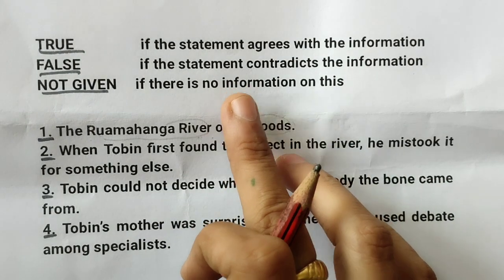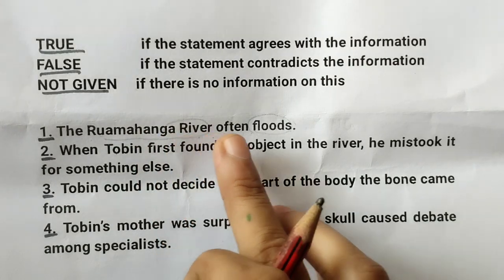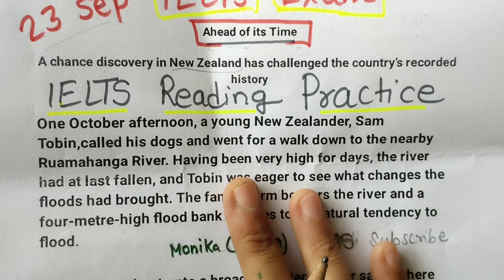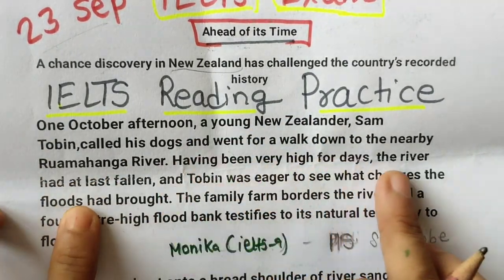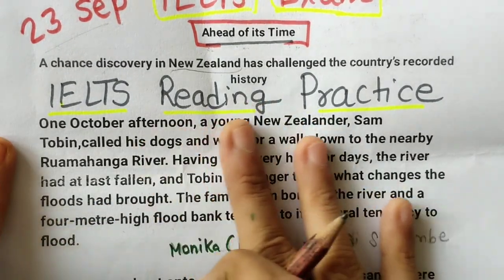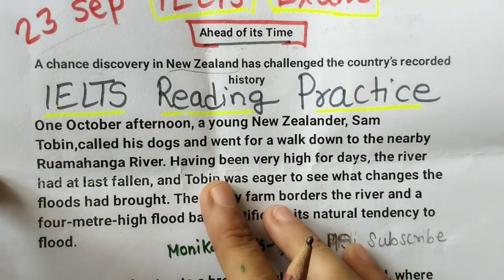In this situation there is no information given. Okay, now, this river often floods. In the first paragraph I am showing you the full thing. Now we will find this river name, and I am looking for flooding. Flood is also there and flood is also here. But I have to find the answer very carefully but fast.